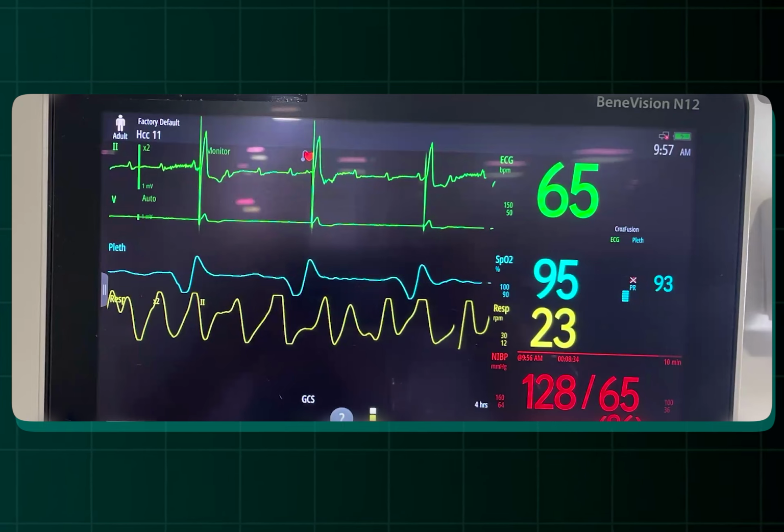So I see a running ECG in the cardiac monitor, which shows no congruence between the P waves and the QRS complexes. So what I see is three P waves.